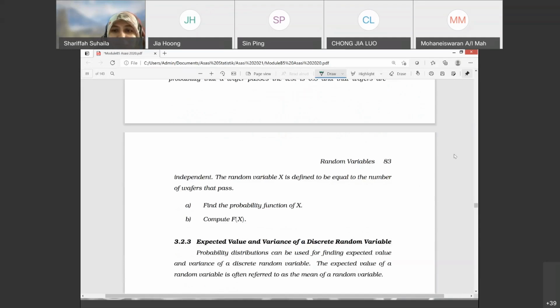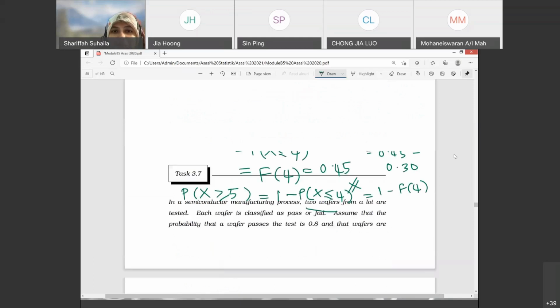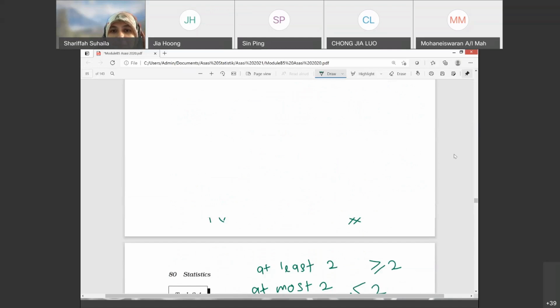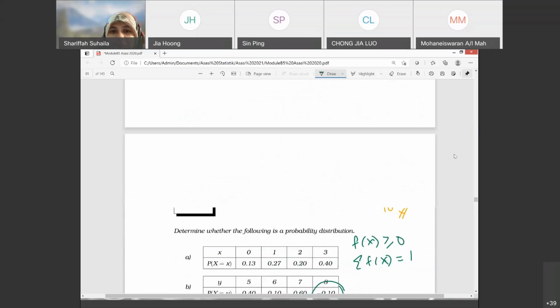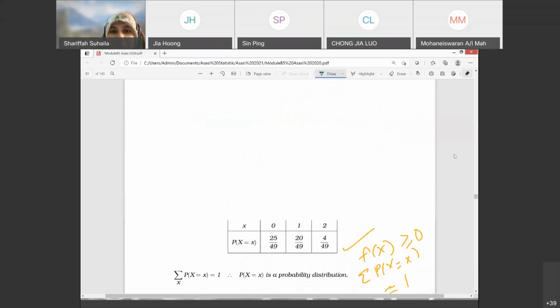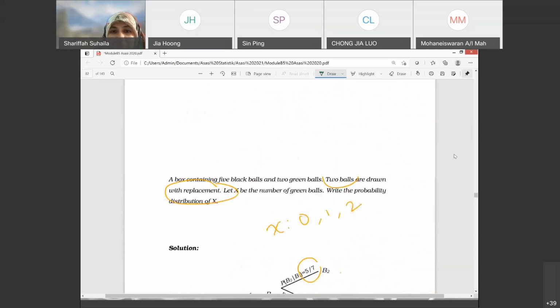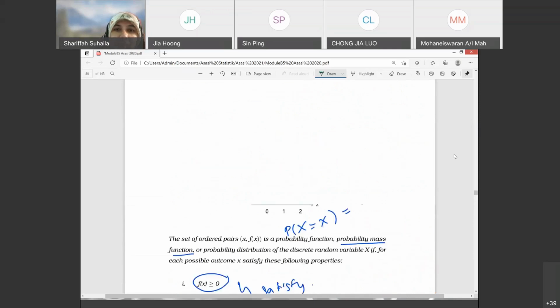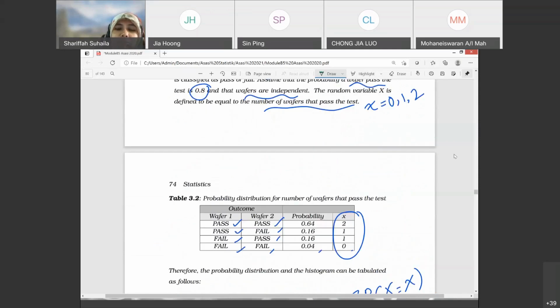Soalan yang sama. Sekejap, kita go back tadi. Wafer tadi tu. Dalam example, probability pun sama 0.8.